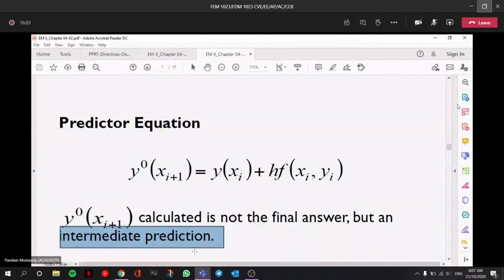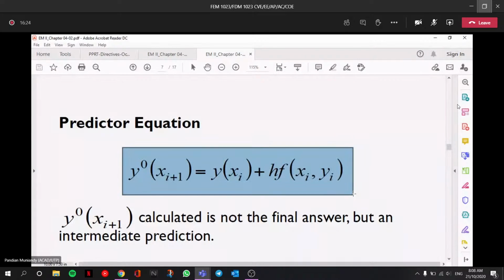Because with predictor and corrector there are two steps, this one is an intermediate step, an intermediate prediction. You are predicting the output. We can call this an initial prediction. If you observe carefully, this formula is exactly the Euler formula.